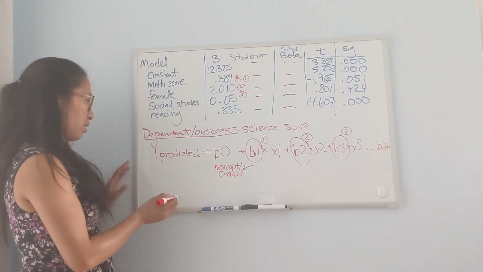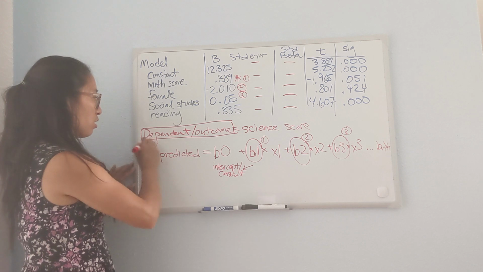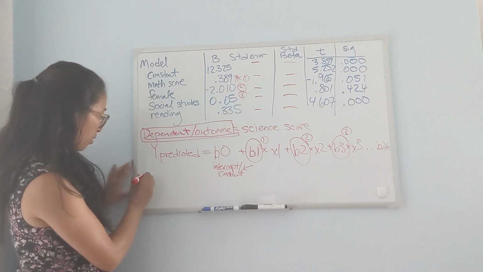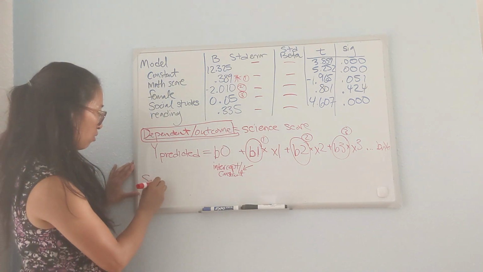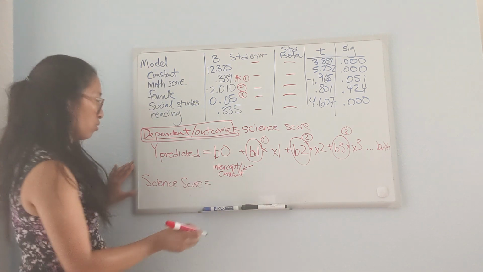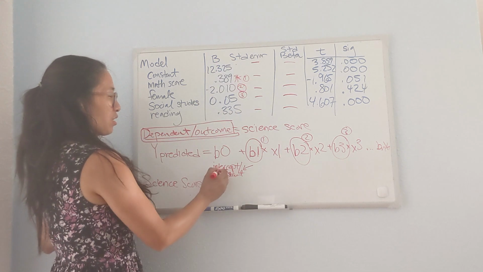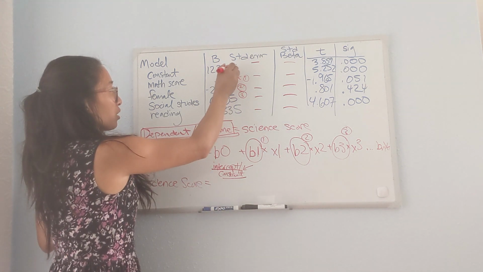So our y predicted, which is our dependent, this is from the question, our dependent outcome. So how I'm going to write this equation is science score equals our constant, right? Remember, our constant slash intercept is right here.